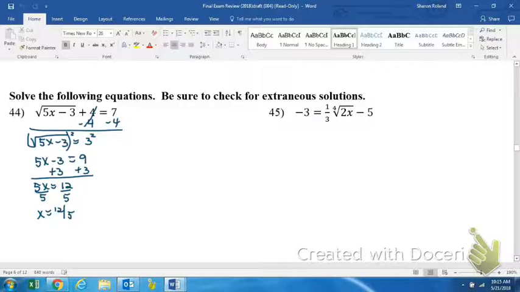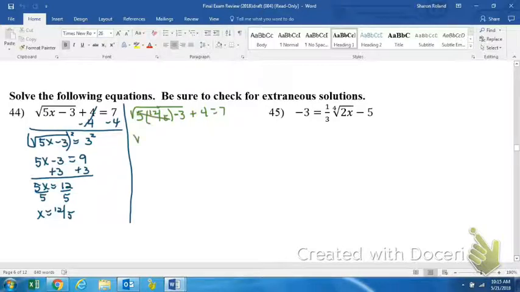Okay, so the directions tell you to be sure and check for extraneous solutions, so we have to make sure that it actually answers the equation. So you have 5 times 12 over 5 minus 3, all of that under the radical, plus 4, and that should equal 7.